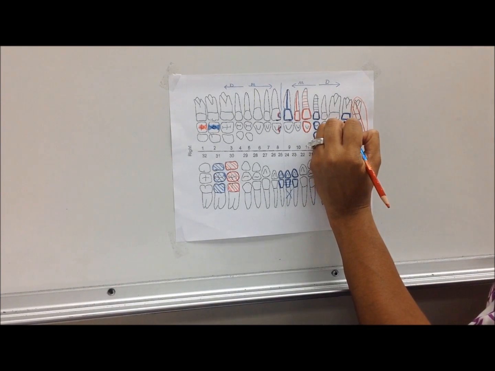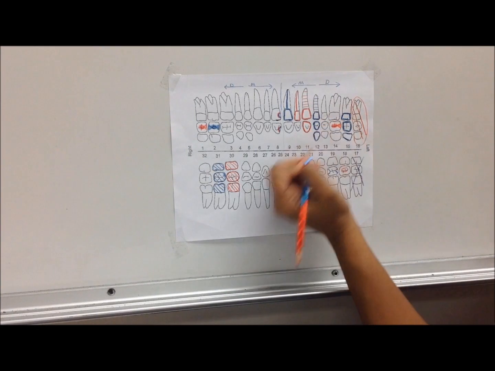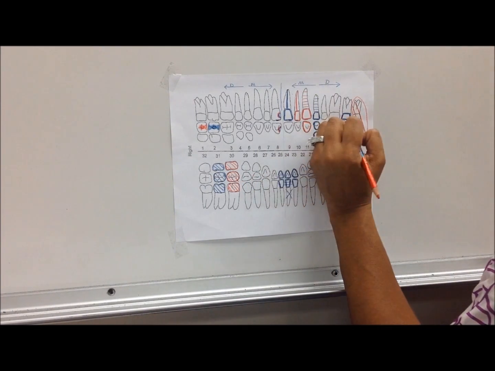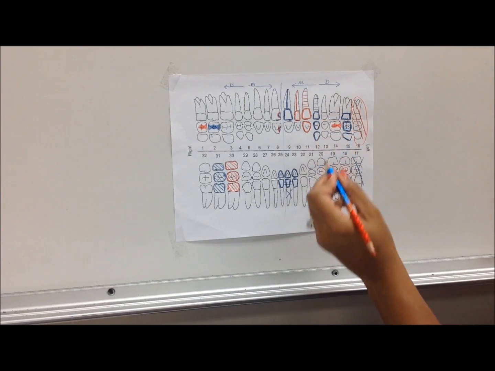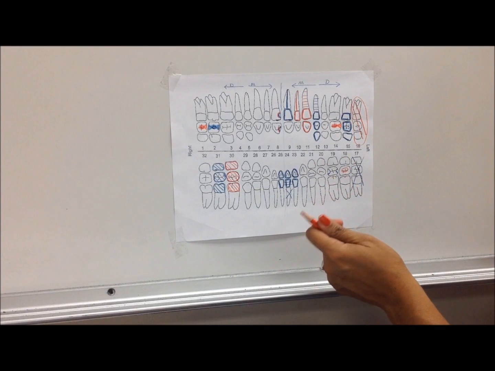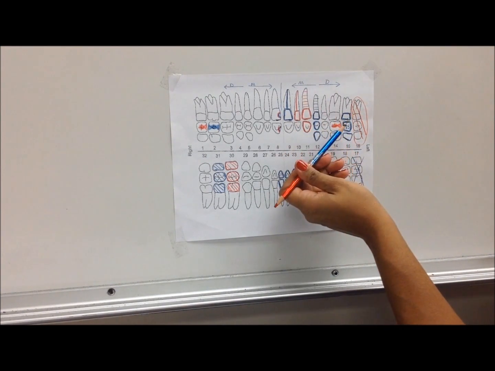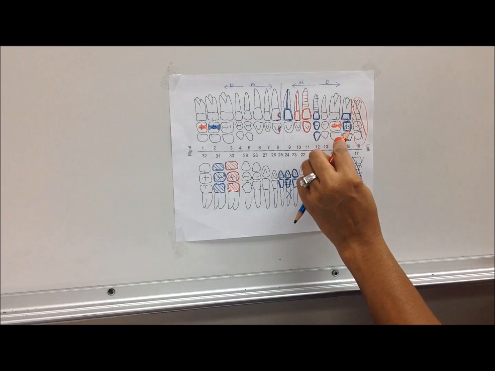And you put SS in the center on the occlusal surface so the doctors will know that there is an existing stainless steel crown. And if the patient needs a stainless steel crown, you would use your red pencil. So blue is existing, red is work to be completed.